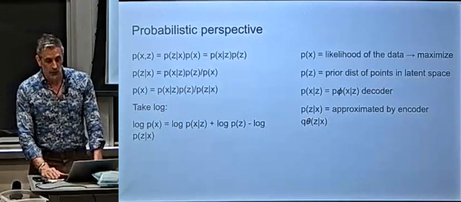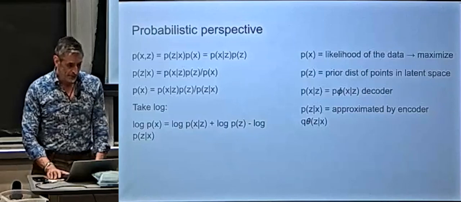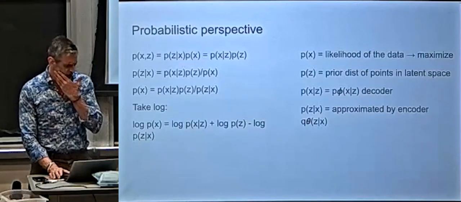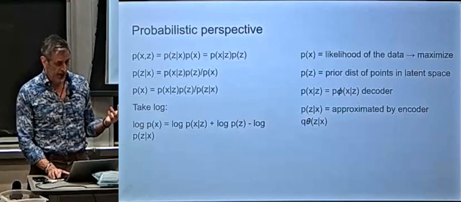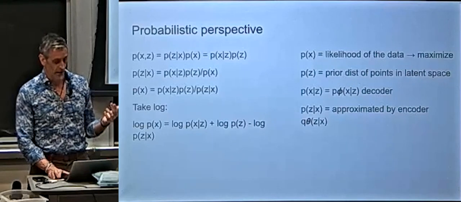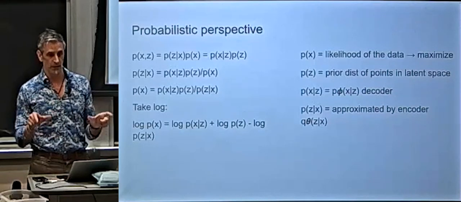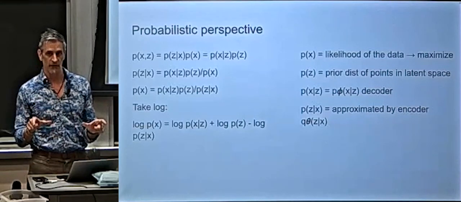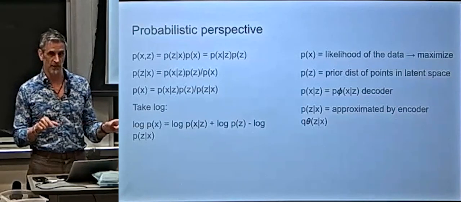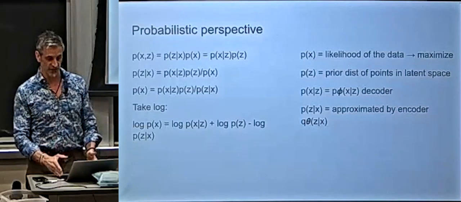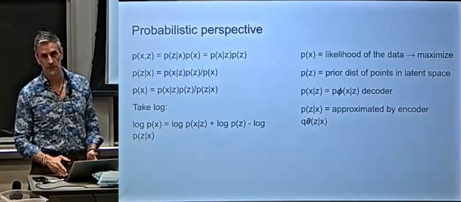Okay, so let's look at the same thing from a probabilistic perspective. I'm just going to define a few terms. So we have a joint probability, right? And our joint probability of our image and our latent vector describing the image is equal to the probability of that latent vector given the image times the probability of the image itself.